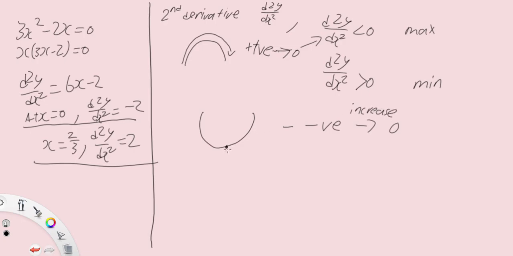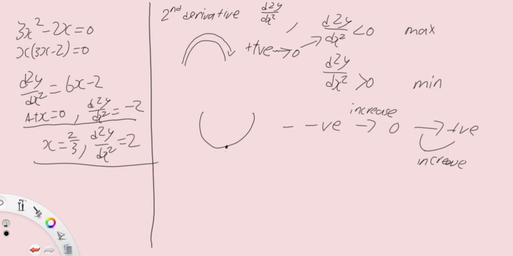From the stationary point upwards, the gradient becomes positive. So here is an increase in the gradient. And because d2y/dx2 represents the change in the gradient, the change in the gradient from the minimum point is increasing, and therefore it is positive.